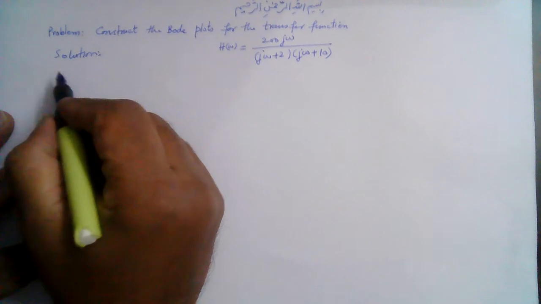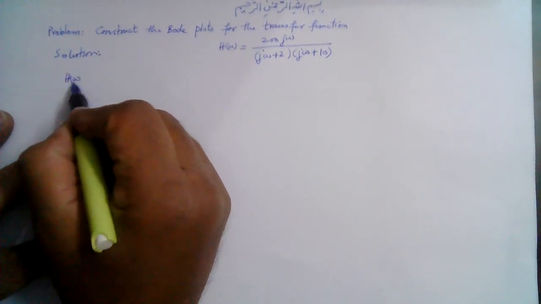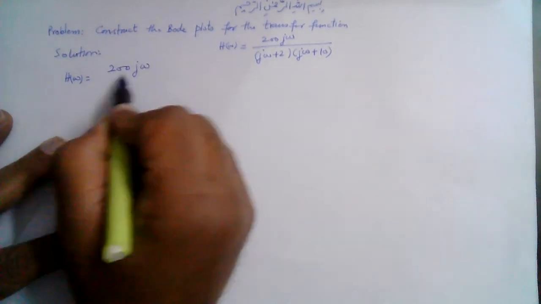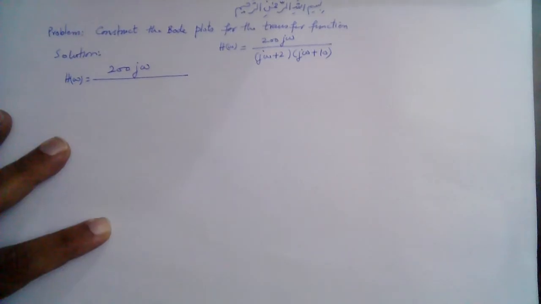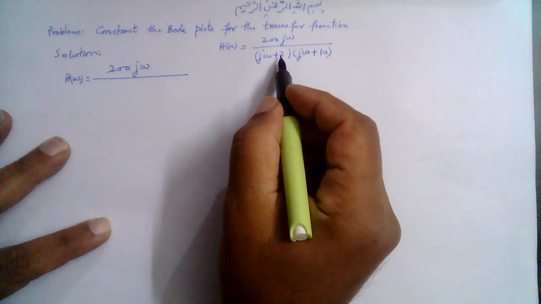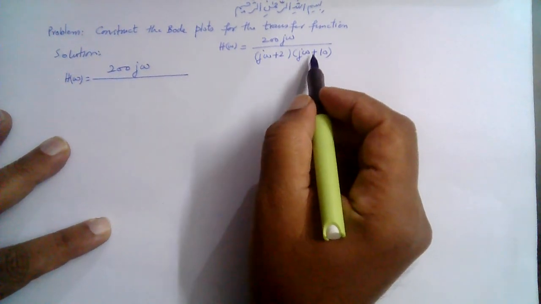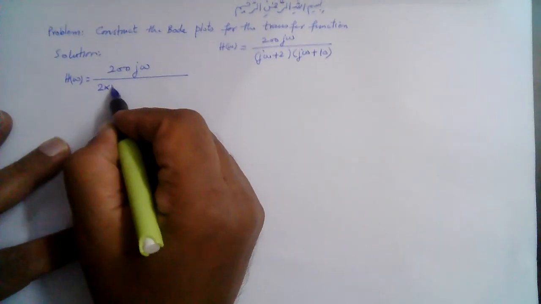So H of omega is 200 j omega at the numerator, and we have this j omega plus 2, so we take 2 common here, and we take 10 common from the other term.